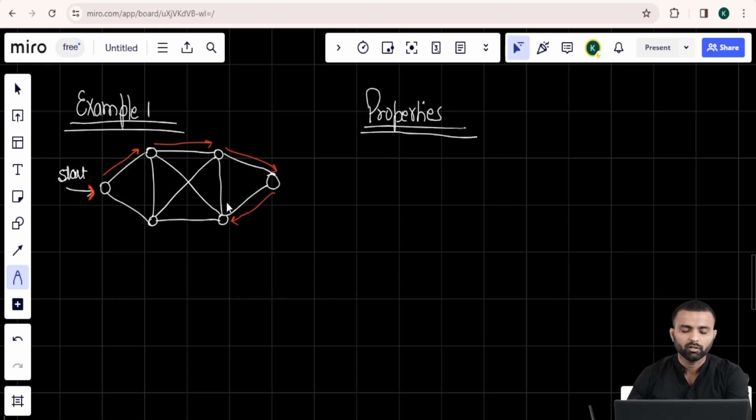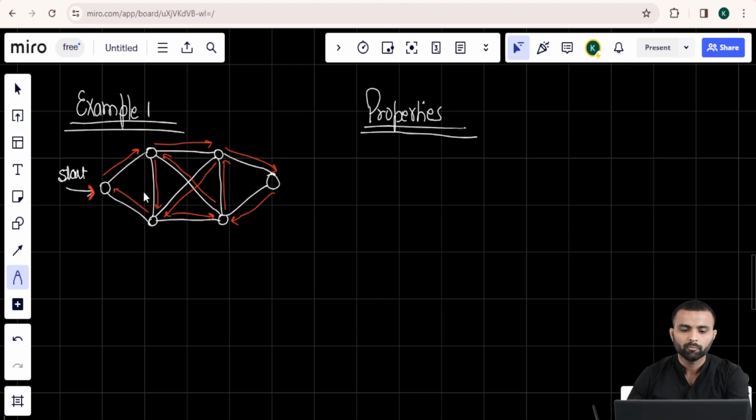It's a little bit complex to see. So here I go to this, then to this path, and again to this path. Now from this I can go to this, and after that from this I go to this path.